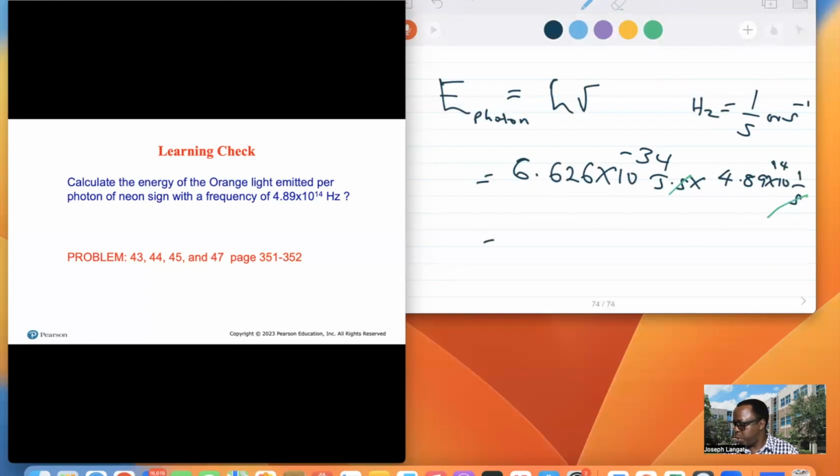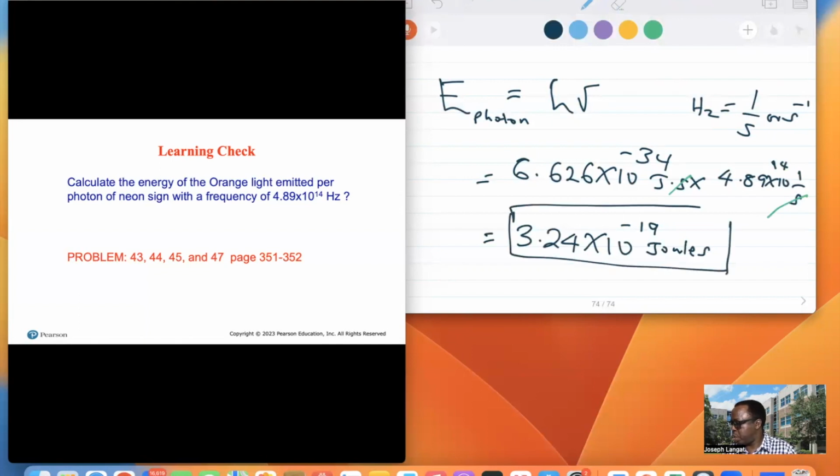This will be 3.24 times 10 raised to negative 19 joules, three significant figures, and this is the amount of energy per photon, for one photon.